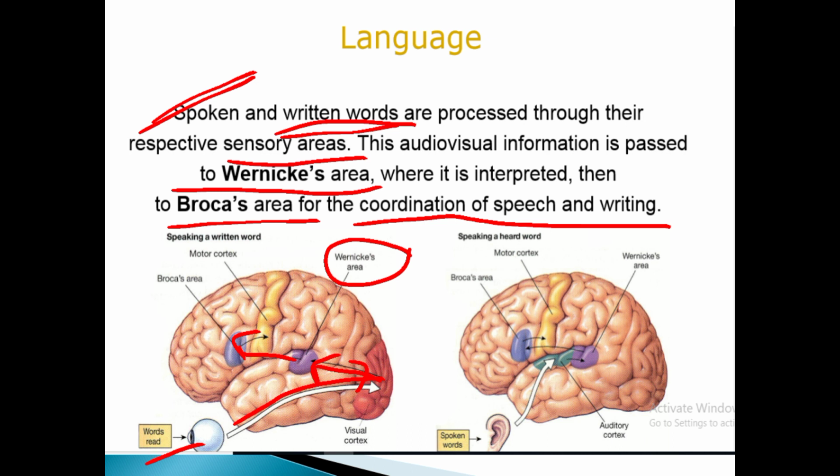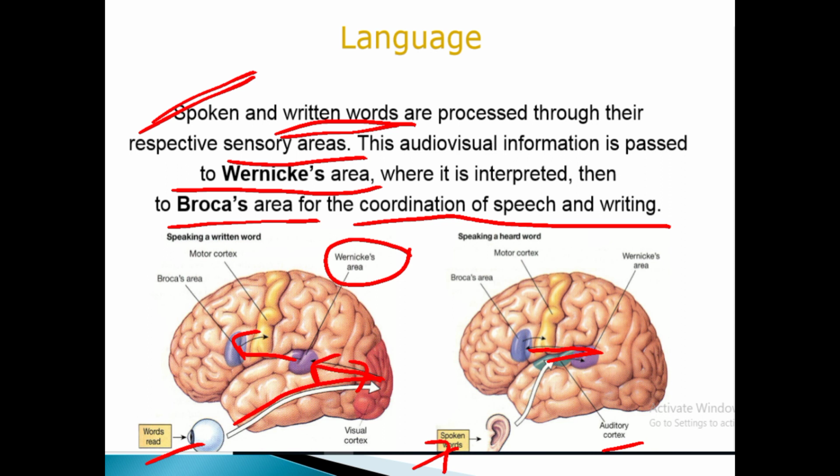And also, for your spoken words, you are hearing my class, right? That goes through the ear to the temporal lobe, where the auditory cortex is present. From the temporal lobe, it goes directly to Wernicke's area, and from Wernicke's area to Broca's area.